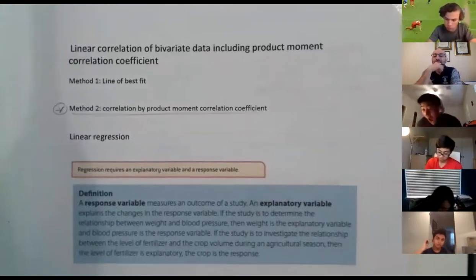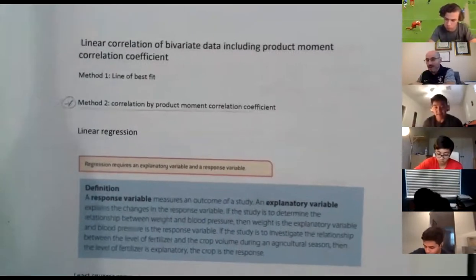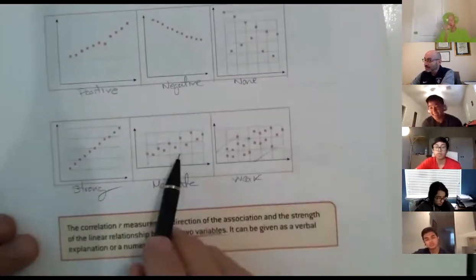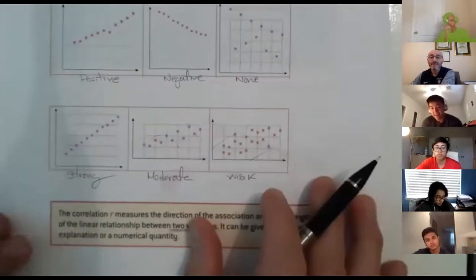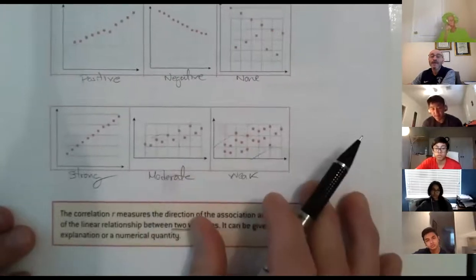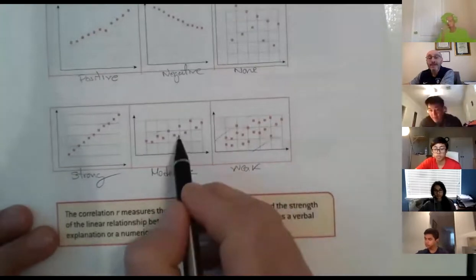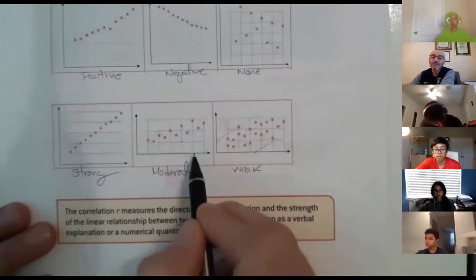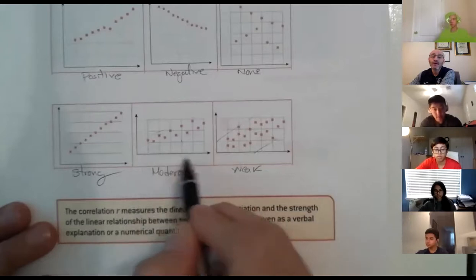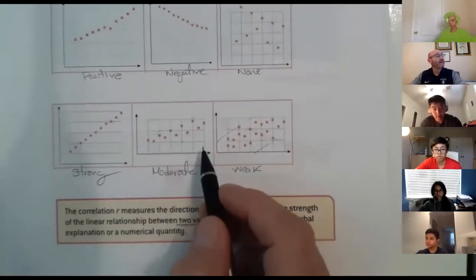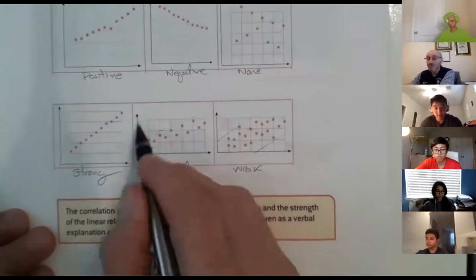So what is a line of best fit? How does that work? Let me tell you. I'm going to use this data set. If I were to find the line of best fit, what we usually do is find the average value of the X values, and then find the average value of the Y values.